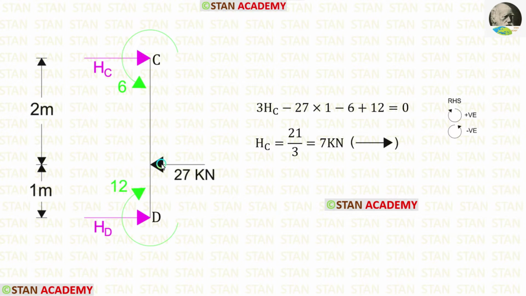The point load 27 kilonewton is acting in the anti-clockwise direction, so it will be negative and the distance is 1 meter, so minus 27 into 1. This moment is acting in the anti-clockwise direction, so it will be negative. This moment is acting in the clockwise direction, so it will be positive. Finally, we are getting HC. HC should be acting towards the right side.